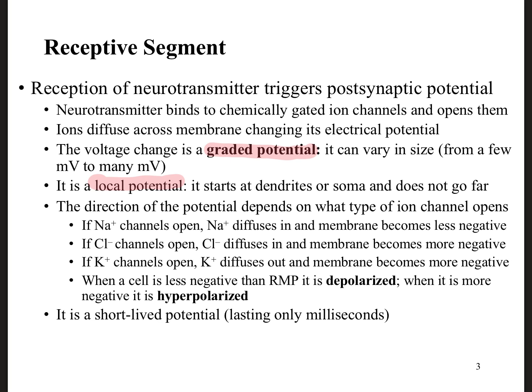If it reaches threshold, then you get the production of an action potential. Okay? And the direction of the potential depends on what type of ion. Right? We just went over this. If the sodium channel's open, it becomes less negative. If the chlorine channel's open, it becomes more negative. And if the potassium channel's open, it becomes more negative.